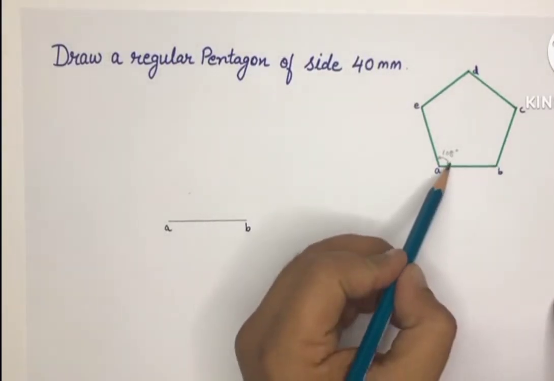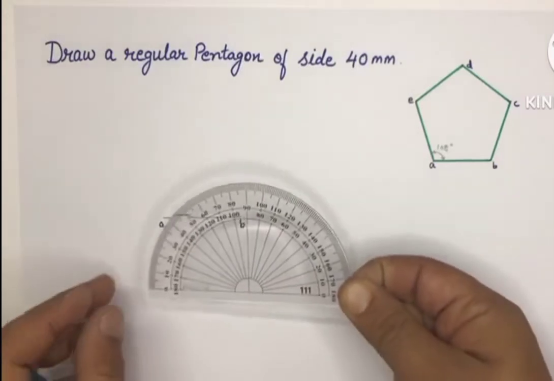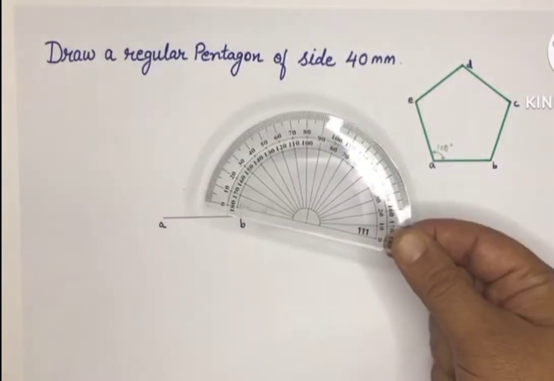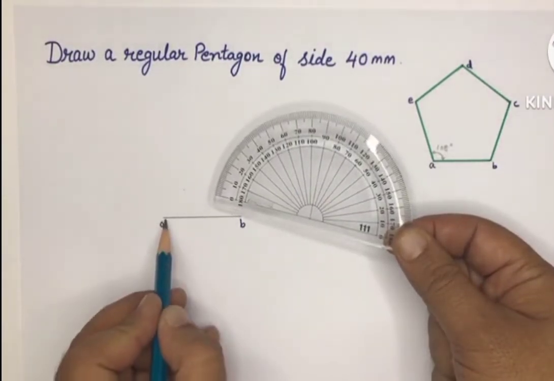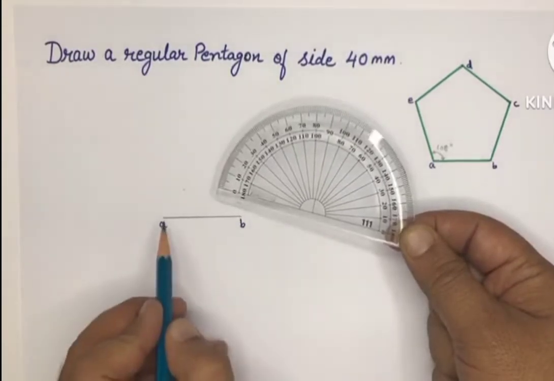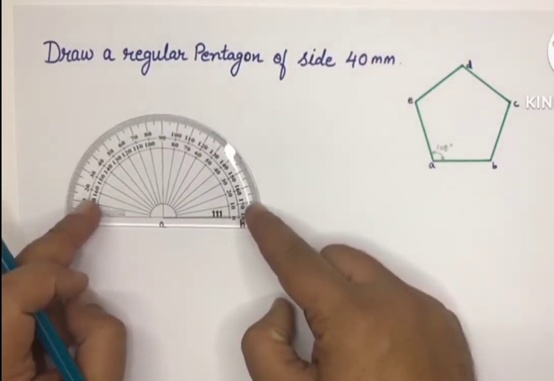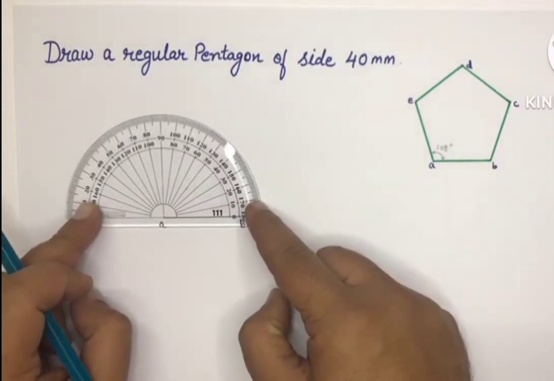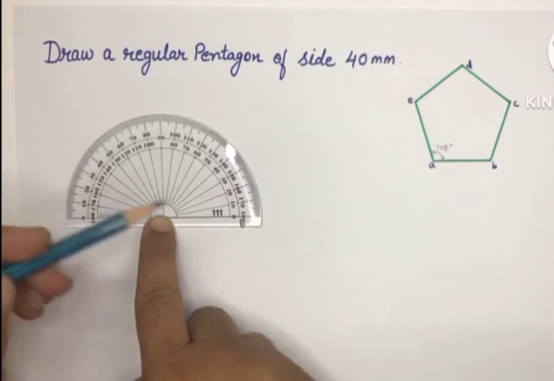We know that the inclination is 108 degree. Using a protractor, place the center of this protractor on point A such that this horizontal line must overlap side AB. Now measure inclination 108 degree.